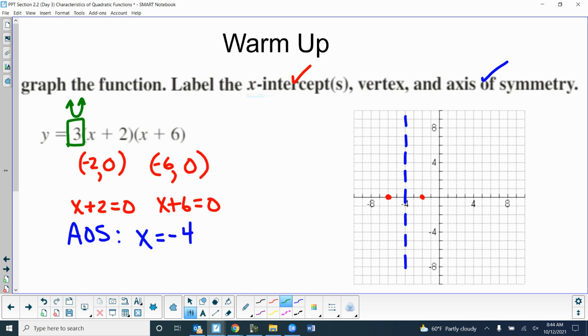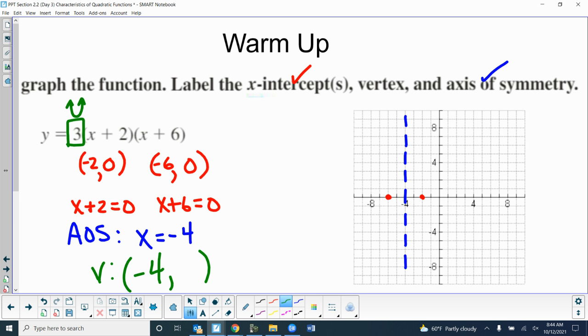All right. Now we have to find the vertex. Well, just like we did before with standard form, once we know the x value, our axis of symmetry, what do we do with that value? To find the y value, the vertex. Plug it into the original problem, right? So my vertex, I know is negative 4 something.